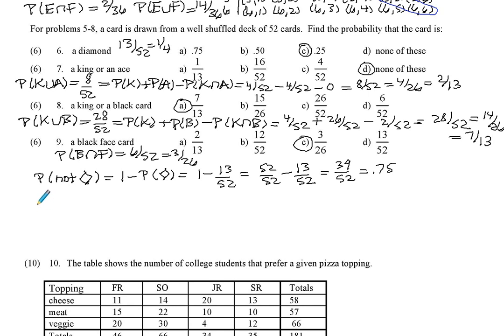So for example, what if I ask you, what's the probability that it is not a face card, or not a club? So let's let F be face card. Okay, so that's a little harder to count this, okay?